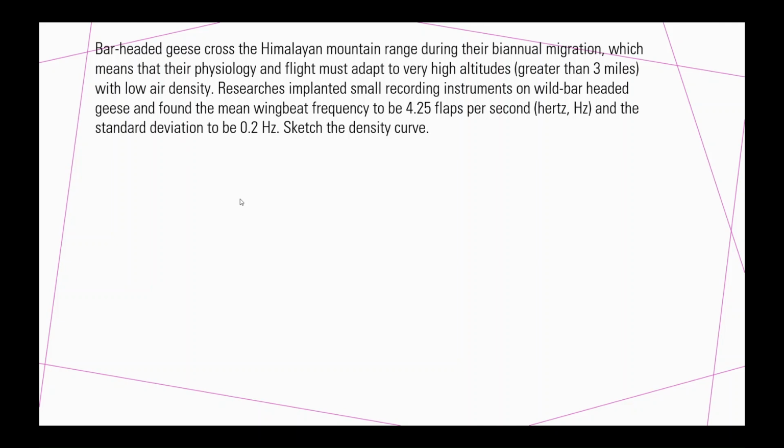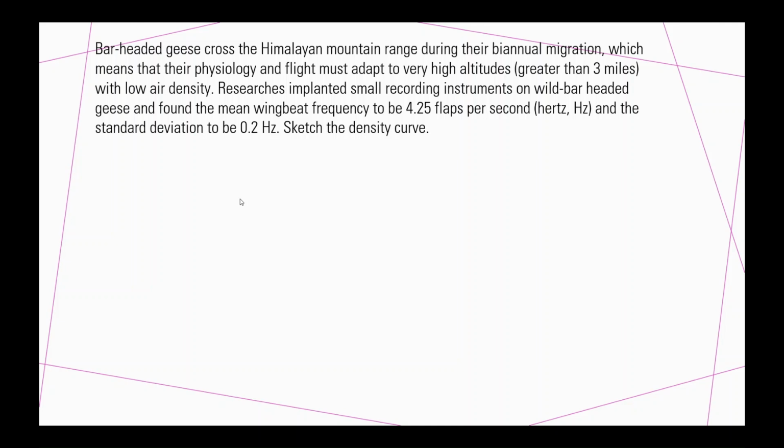And so this says to sketch the density curve. What I'd want you to really do here is make a picture of a bell-shaped curve. Okay, so something that looks normally distributed. And then I'd want you to put in vertical lines for the mean, and for 1 standard deviation from the mean, 2 standard deviations from the mean, and 3 standard deviations from the mean.